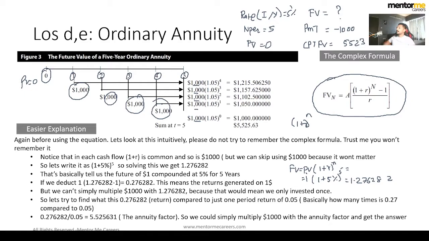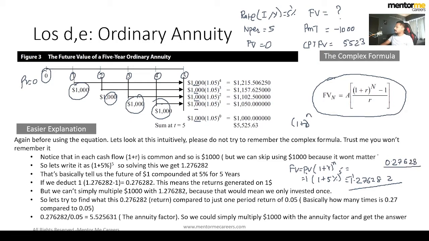1.276282, right? Now, the way to solve this without a formula is to just find the ratio of this. That means we are saying 1 rupee or $1 became 1.276282 if we compounded it at 5%. That's all we're trying to say. How many times it is what we're trying to find out here. So just remove 1 so that we are left with only the return, 0.276282, right?